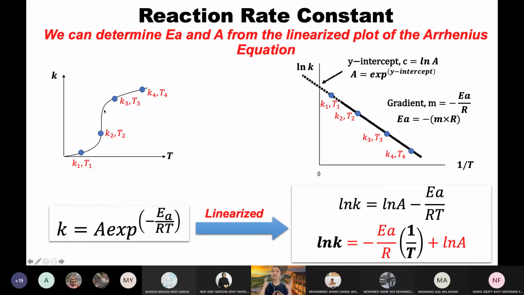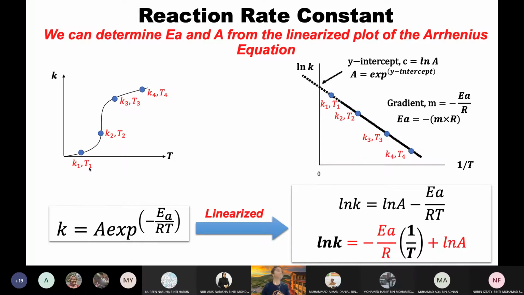So nanti dalam lab, kamu akan ubah suhu tindak balas. So you will run, let's say first reaction at 80 Celsius. Sebelum ni, setiap group kena buat sampai 2 atau 3 suhu. Tapi I want to save your time and because I want to run more experiments, setiap group buat satu parameter je, tapi nanti kamu akan share result dia. Means kamu memerlukan data untuk lebih daripada 2 suhu. Kalau tak, kamu tak boleh cari EA dan A dia sebenarnya.